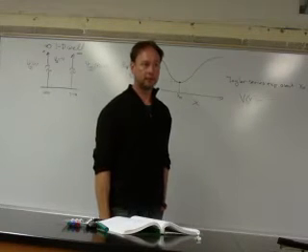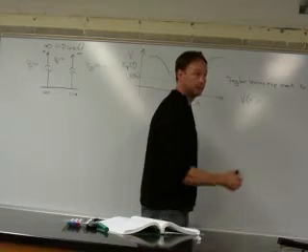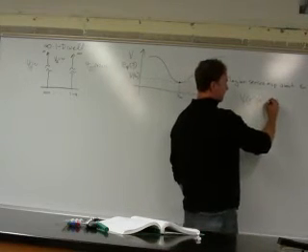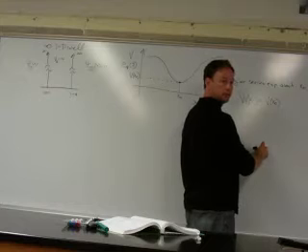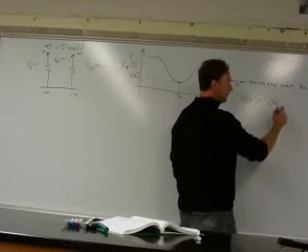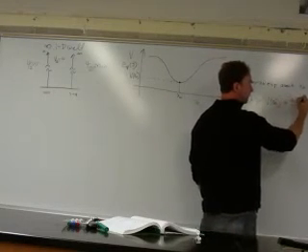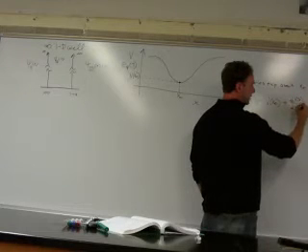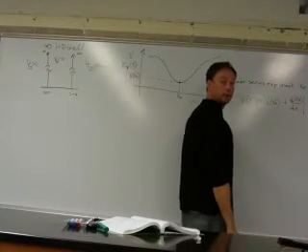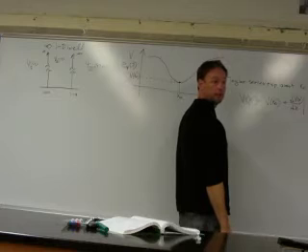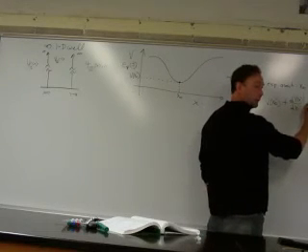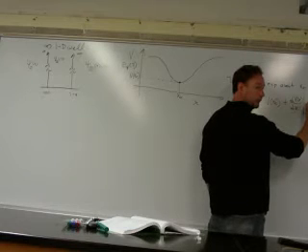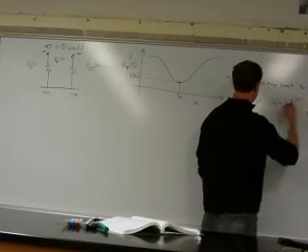It's going to be equal to v of x0 plus the derivative of v of x with respect to x evaluated at x0 times delta x.